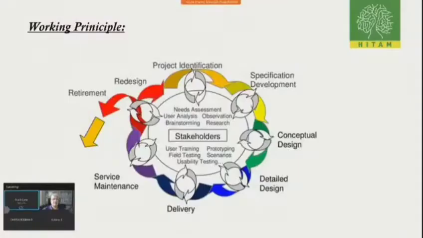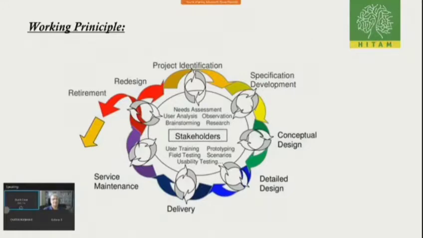Our working principle: first we go with project identification with a survey, and then we develop the specification with a problem statement taken from the survey. After the specification development, we go for the conceptual design.